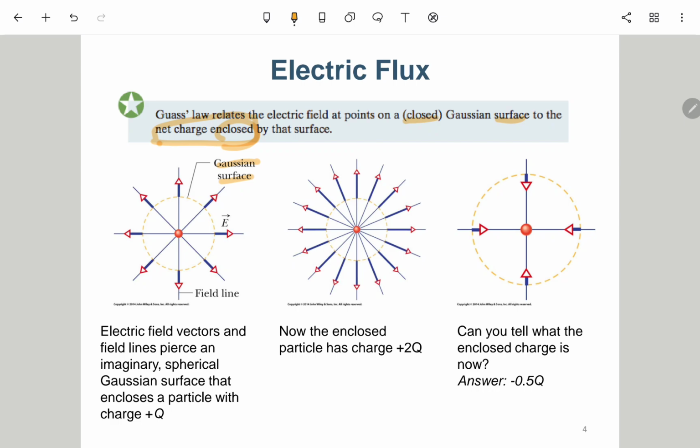Okay, so here we have a Gaussian surface, which we assume to be closed, and inside this Gaussian surface we have a charge, assume a positive Q. It will generate an E field pointing outside.